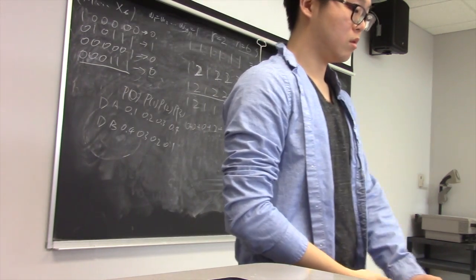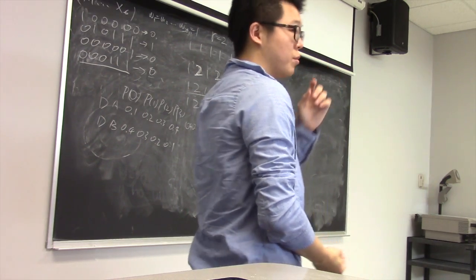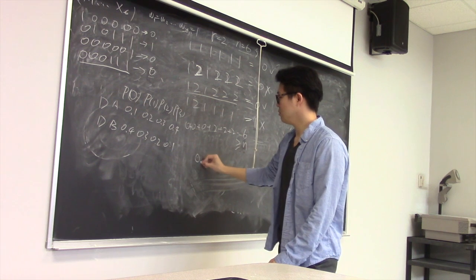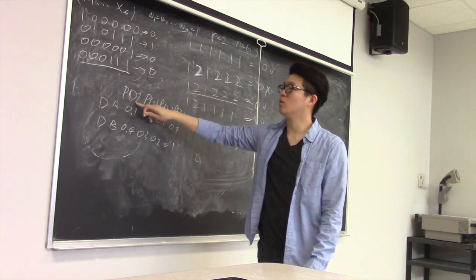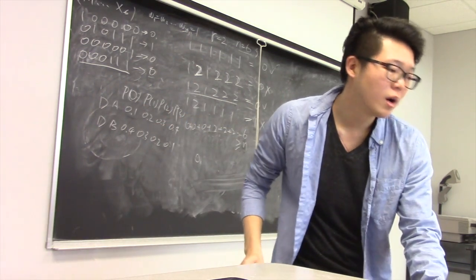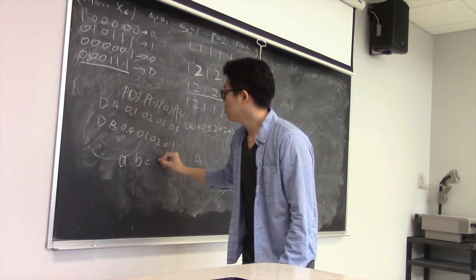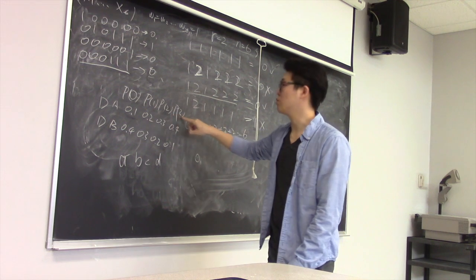So this question is really easy. If you want to know the MLE for this one, just count how many times we see the zeros, ones, twos, or threes.